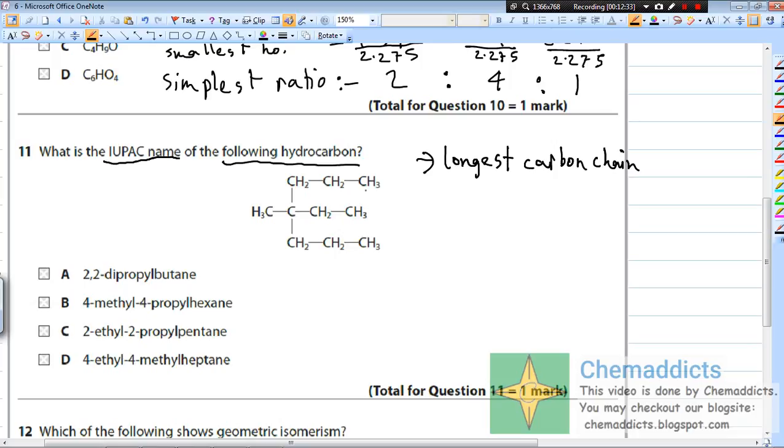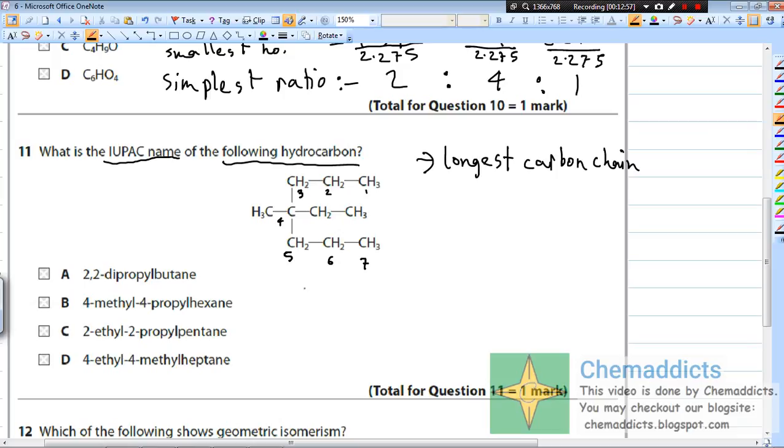So if we count, we are going to get 1, 2, 3, then 4, 5, 6, 7.